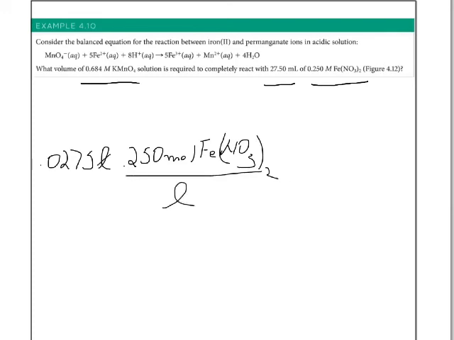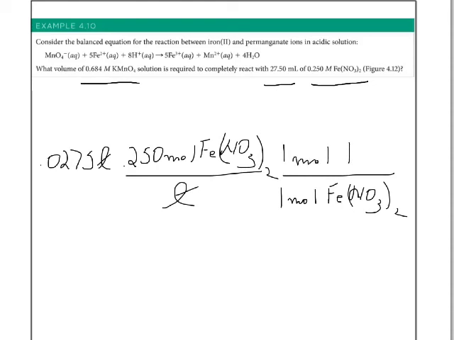Okay, so if I multiply those two, that would give me moles of iron 2 nitrate. For every mole of iron 2 nitrate, there is 1 mole of the iron 2 plus ion. Okay, and you'll see how that is going to matter to us in a second.